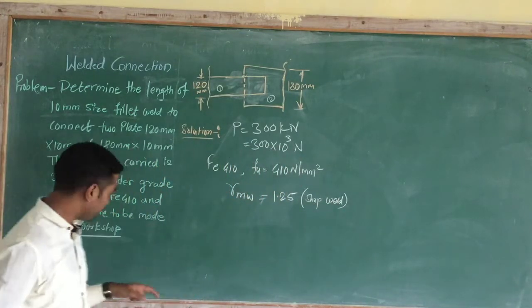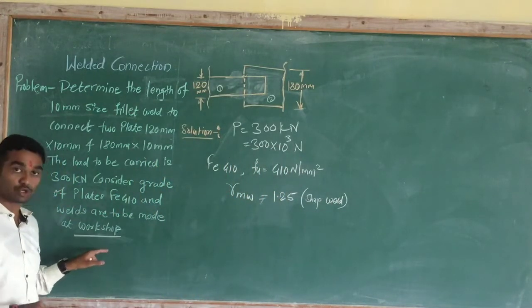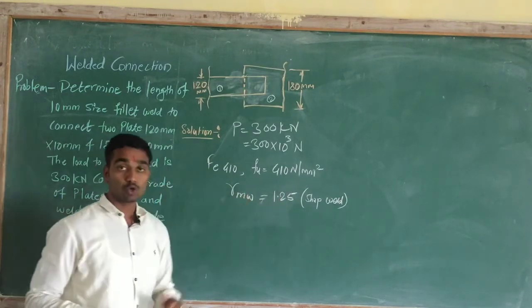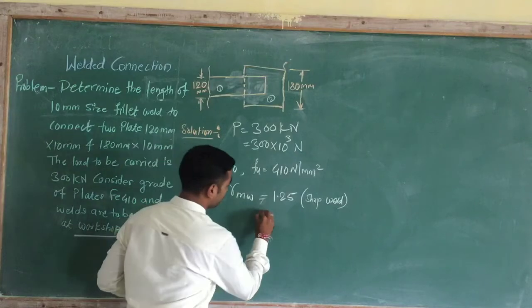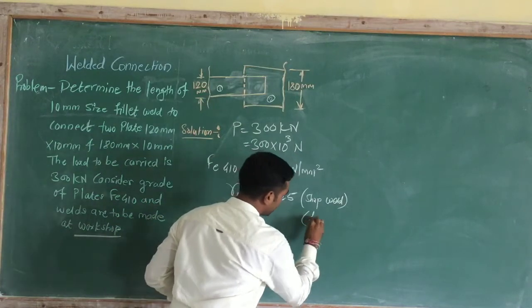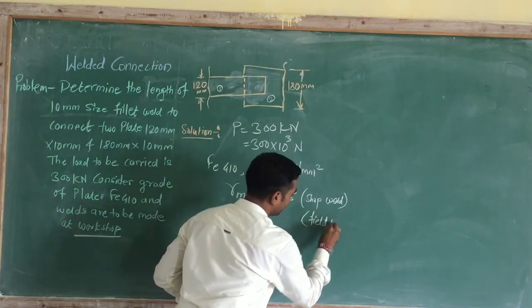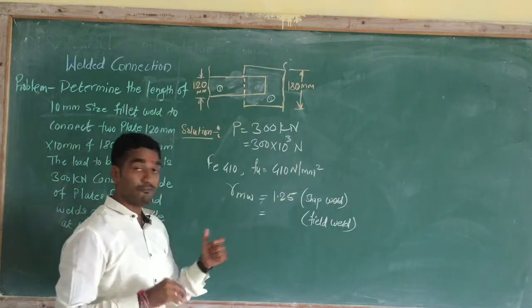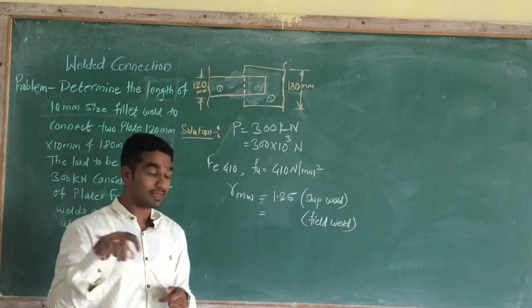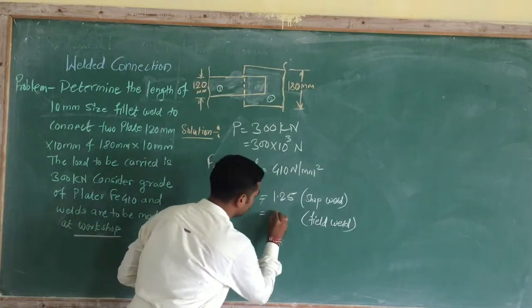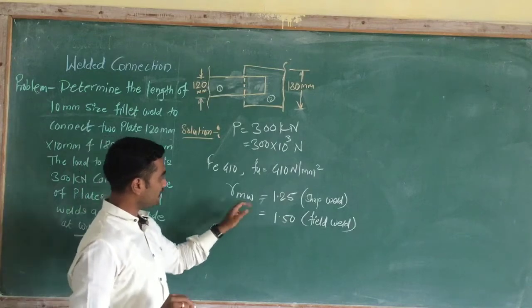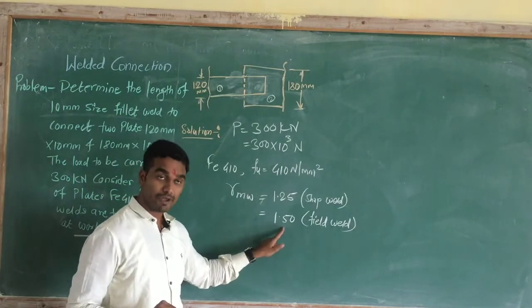Here the welding is done at workshop, that means shop welds. In that case the value of gamma mw is equal to 1.25, and if field weld is given, means if welding is done on site, in that case the value of gamma mw is 1.50.